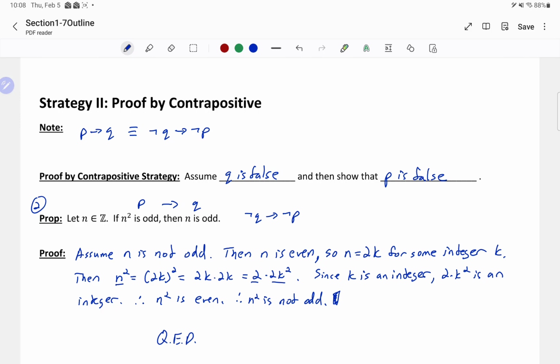That's something we showed back in section 1.1: the two are equivalent statements. Also, the other way to think about it is, I assumed that the conclusion was false, and then showed that the premise could not possibly have been true. Does that make sense? So we could think of it that way also.